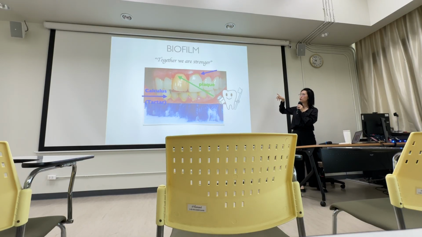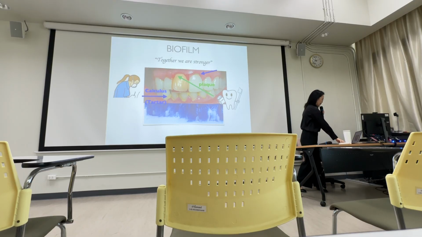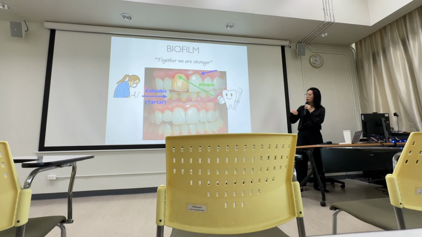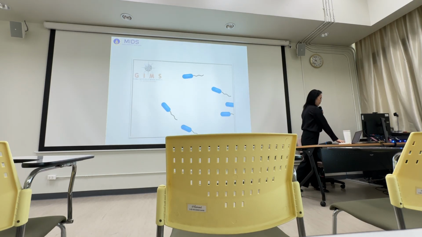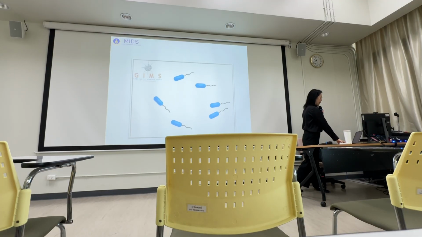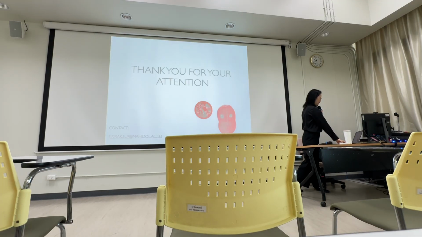In Thai we call plaque คราบจุลินทรีย์ and calculus หินน้ำลาย. At the calculus step, we need the dentist to use an instrument to scale the calculus out. Then after that you have to clean your teeth for a long time. Here is the picture of biofilm formation, the animation.